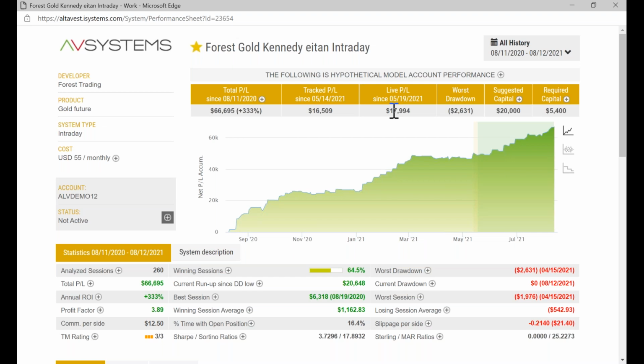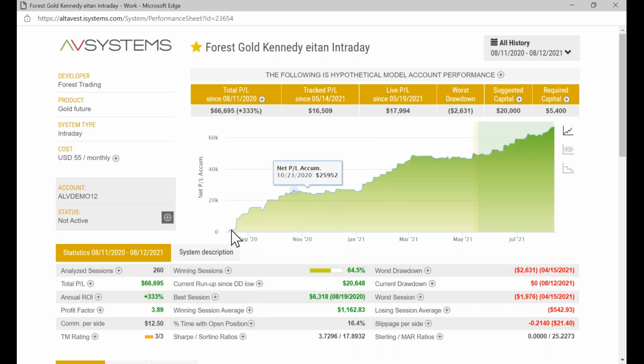And then in May of this year, there are traders that went live with this, so that means there's real live money that began trading this here. And you'll see the worst drawdown, suggested capital. This is important. This is the number to use when you're doing these algo systems, because all of the criteria for performance is based off of that suggested capital number.